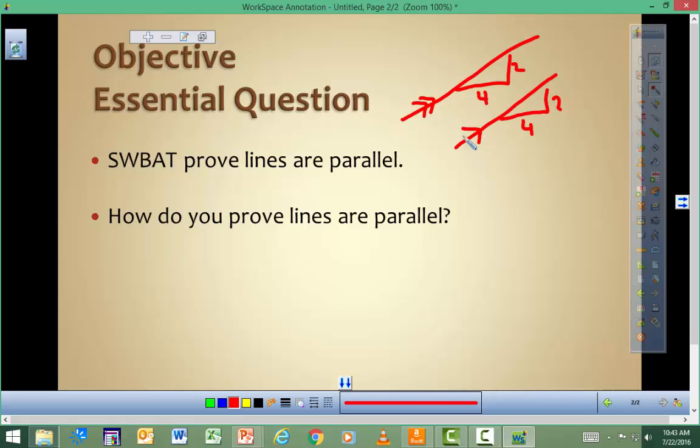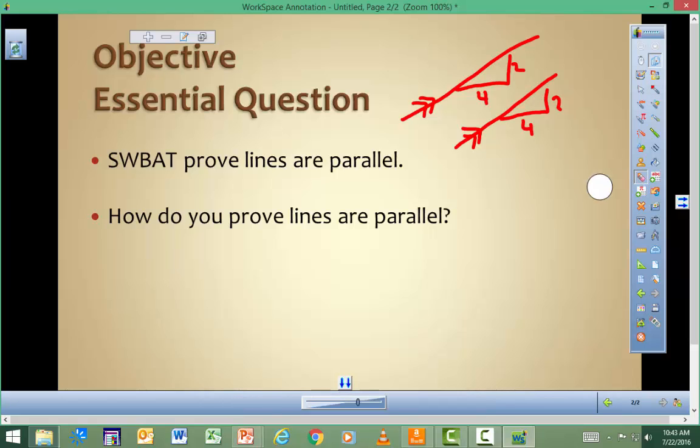Okay. But in this section, we're going to learn the four ways that I mentioned earlier by looking at the corresponding angles, alternate interior angles, alternate exterior angles. And we're also going to be looking at the same side. So keep in mind that there will be other ways to prove that lines are parallel, and that will actually come later on in the chapter.